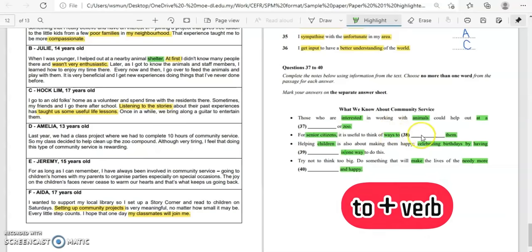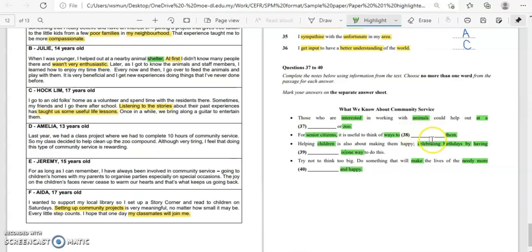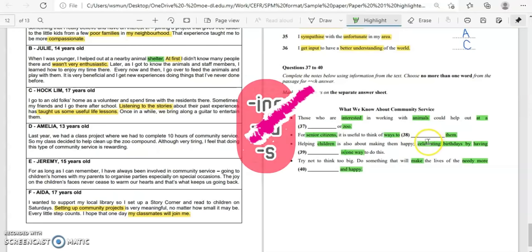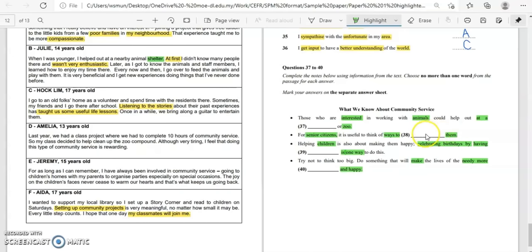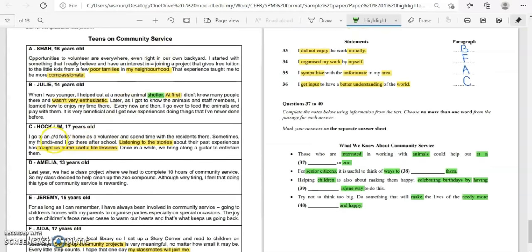After the word to, it is supposed to be a verb, and it must not have any ing, ed, or s after that verb. It must be an original verb. Now, this question is for senior citizens. Let's look at the paragraph that talks about senior citizens. It is paragraph C because it mentioned old folks home. Right? Let's scan through the text to see which verb you can fit into this gap.